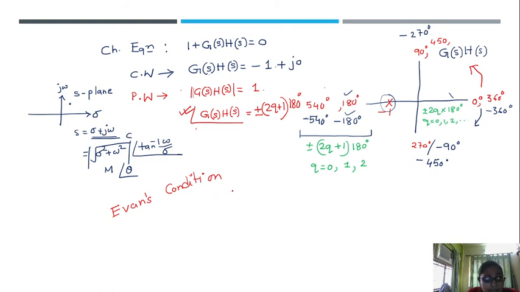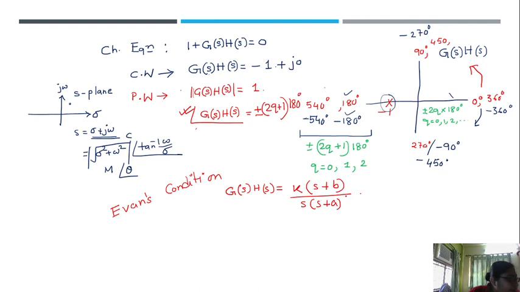For the last part, I am just giving an example. Suppose I have a transfer function G(s)H(s) equal to K into (s plus b) by s into (s plus a).